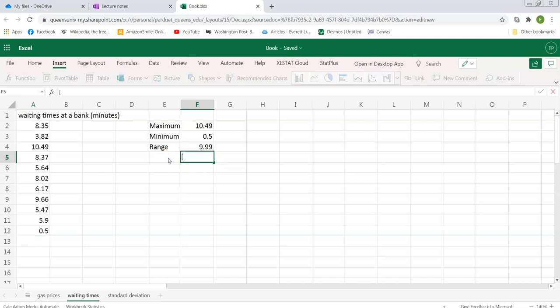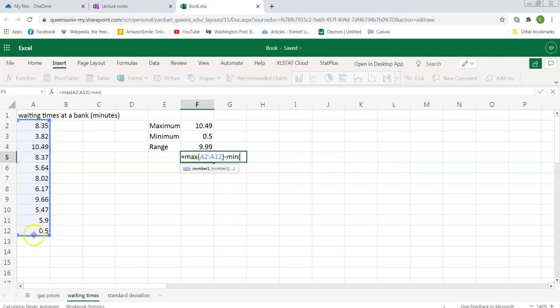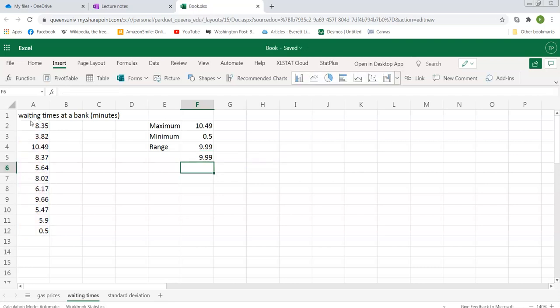Another option, and I want to point this out because I know some of you haven't used Excel all that much yet, you can put that whole thing directly into one cell. So you can do equals max, select your data, minus min, select your data, and you can do that all in one step.